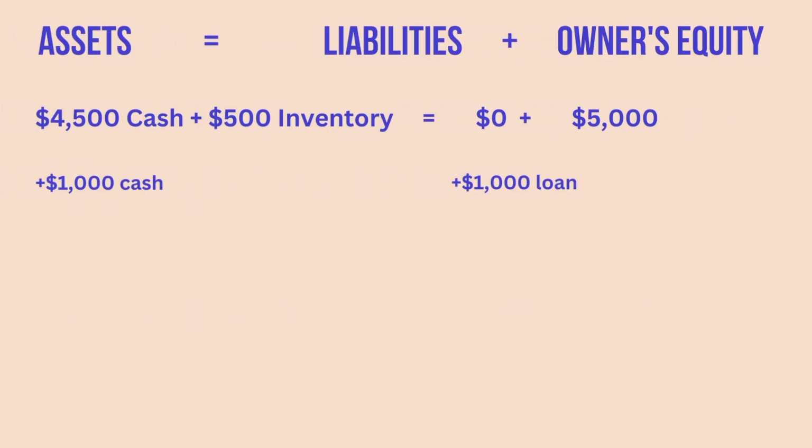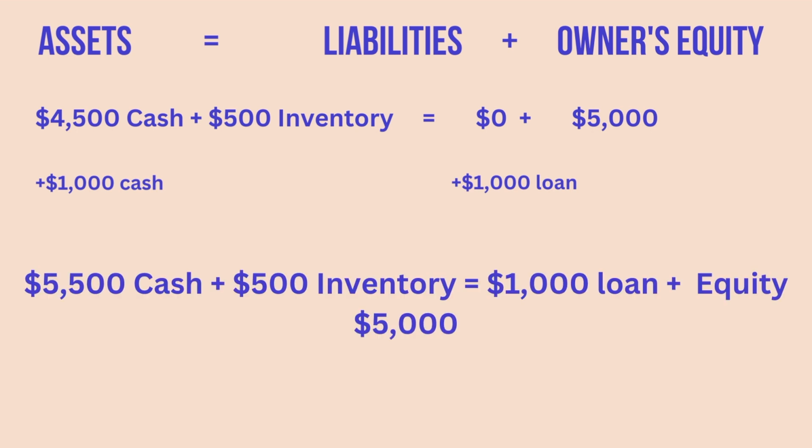You borrow $1,000 from a friend to expand your business. Your cash increases by $1,000 and your liability increases by $1,000 since you now owe the borrowed money. Your accounting equation now is assets, which includes $5,500 cash plus $500 in inventory, equals your liabilities of $1,000 from accounts payables plus shareholders' equity of $5,000.